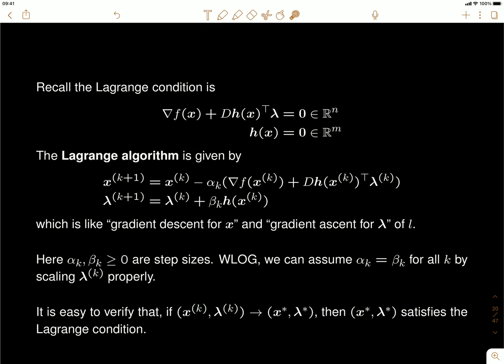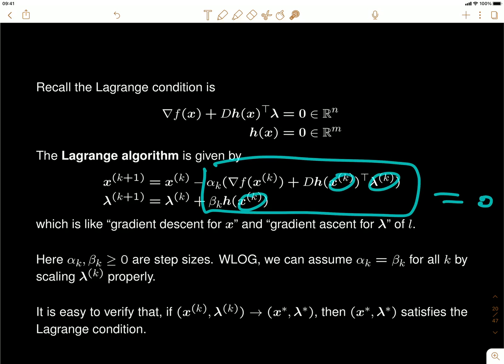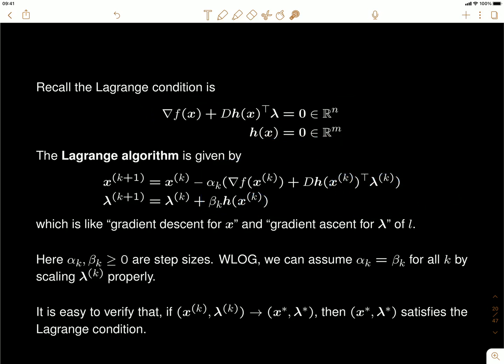Then we'll have x star here, lambda star here, lambda star here. So that means this part is equal to 0 when we plug in x star, lambda star. And that is exactly this Lagrange condition here. That means x star, lambda star would be a Lagrange point. Okay, and that should be anticipated, or desirable, since we're trying to get convergence to a Lagrange point.